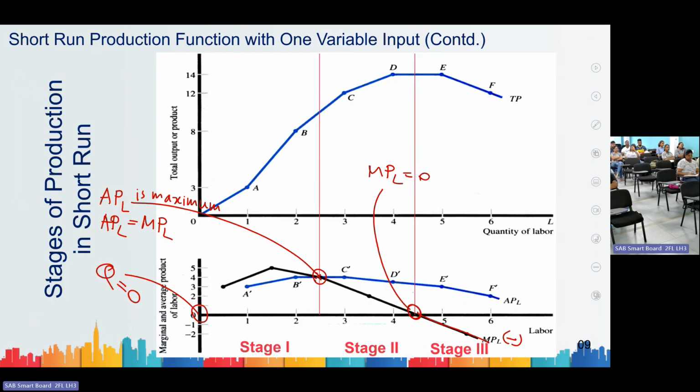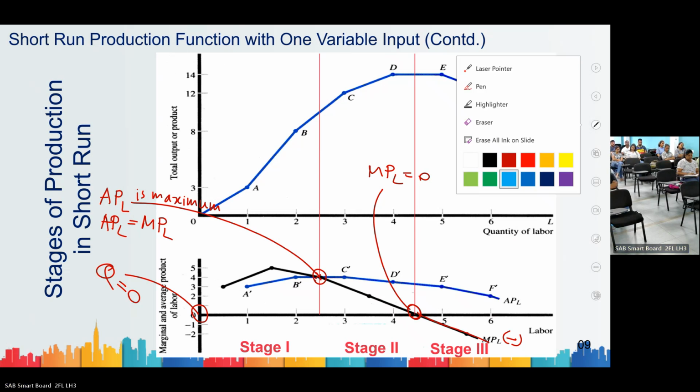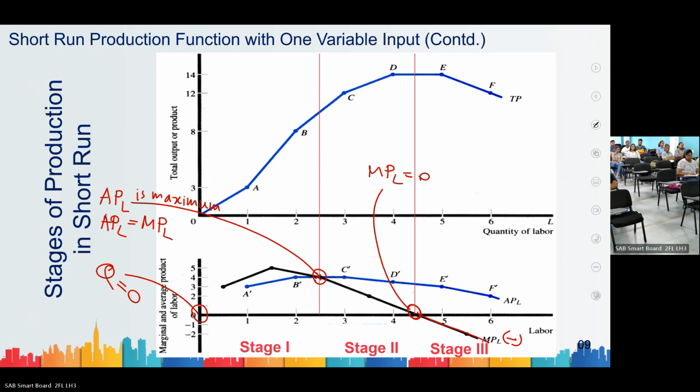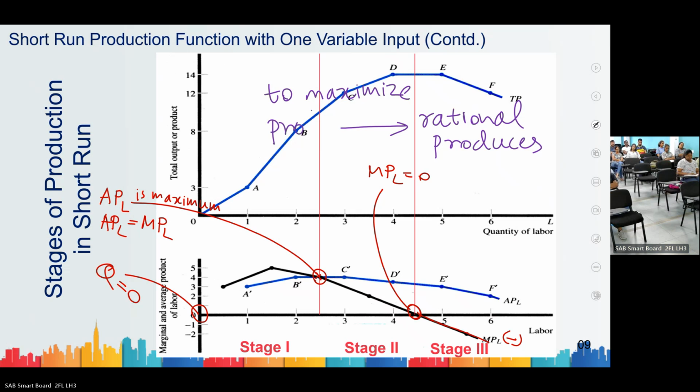And in the previous session, I told you that a rational producer who wants to maximize profits will operate in the second stage of production.